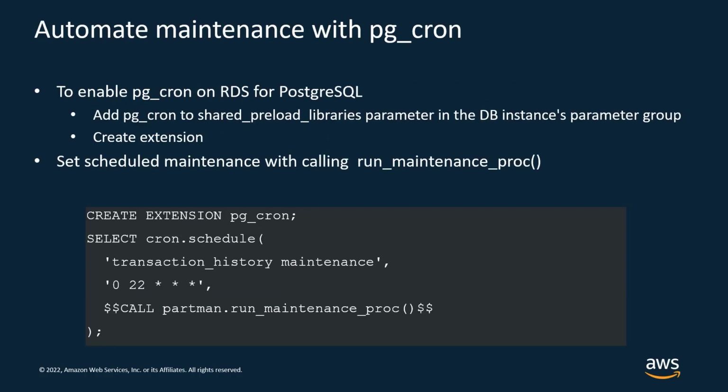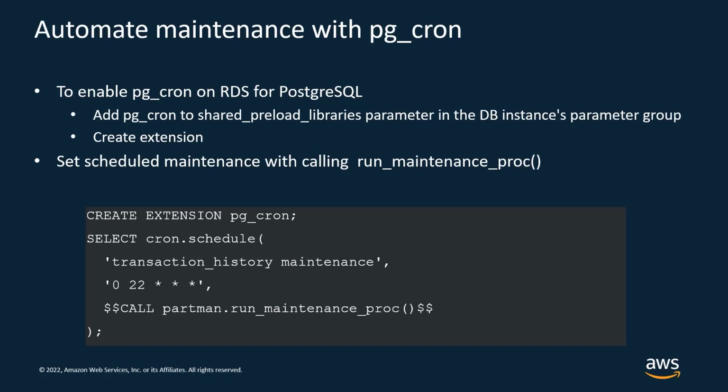Earlier on, we introduced pg_cron. pg_cron is a scheduler that allows us to use cron syntax to schedule Postgres commands to run. If we would like to have partition maintenance run at a certain time, for example, during off-peak hours, we can use pg_cron to schedule partition maintenance.